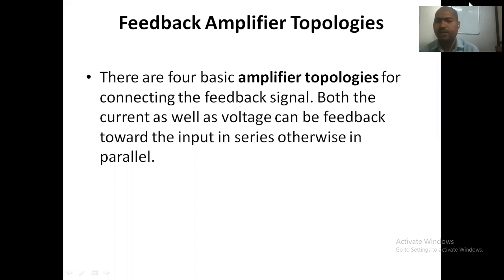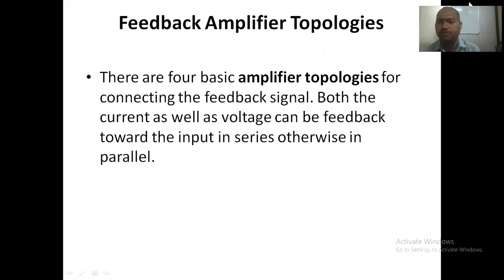In the same way, when we use the feedback amplifier, it also has different types. Topology indicates the different types of feedback amplifier, and how the feedback is used: some part of the output is again applied, either in series or in parallel, either as a voltage or as a current.